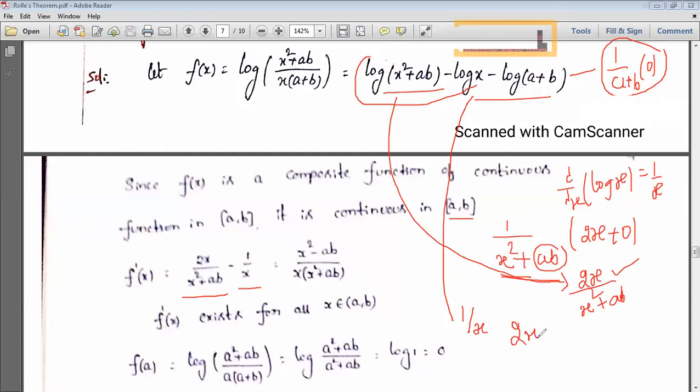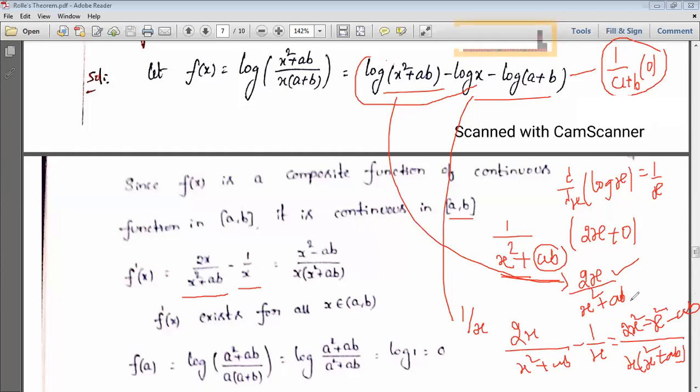If I take LCM, we get 2x by x square plus ab minus 1 by x, equal to a fraction with denominator x into x square plus ab. And how many times does it go? x times. 2x into x is 2x square, minus 1 into this one, that is minus x square minus ab.